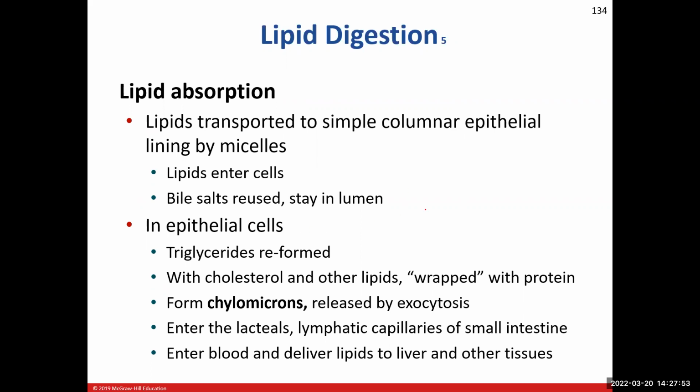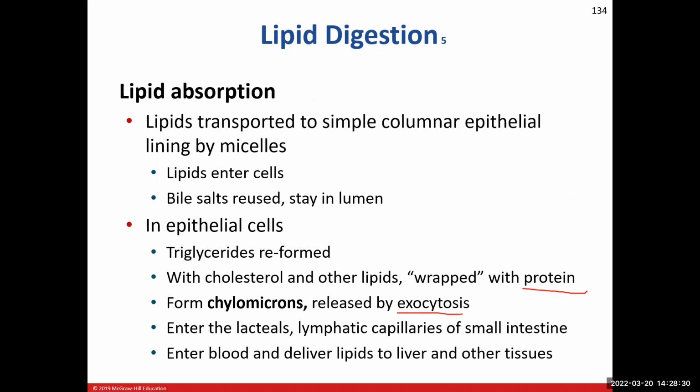To do that, we're going to wrap them up with protein and send them out. So we take these proteins and add them on to these triglycerides. We'll even throw some cholesterol in there for good measure. And then we form what's called a chylomicron. These chylomicrons will then be released back into your blood or the lymphatic system. That process of releasing it from the cell is called exocytosis.